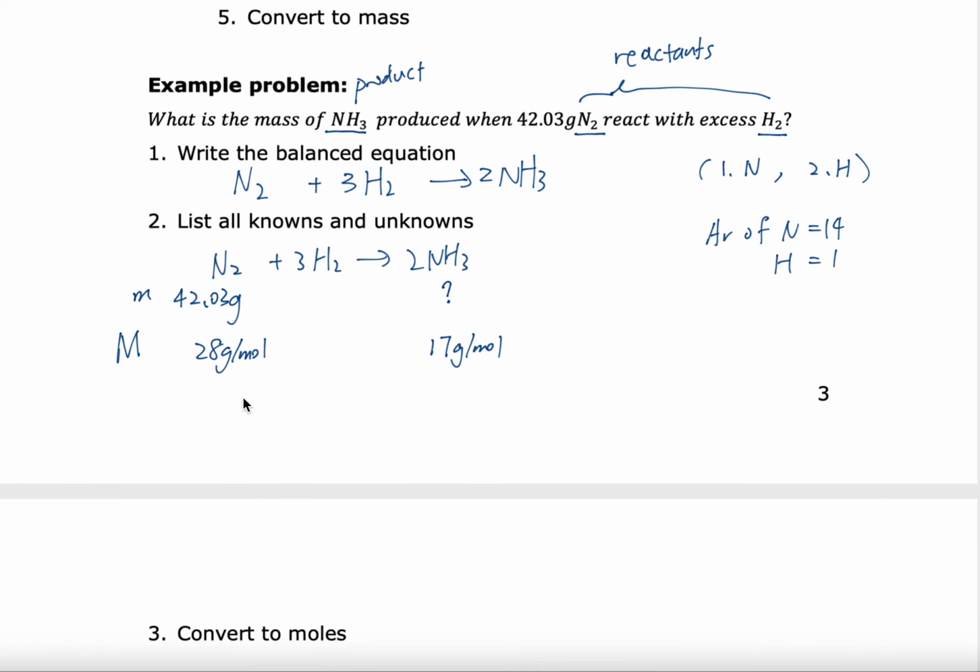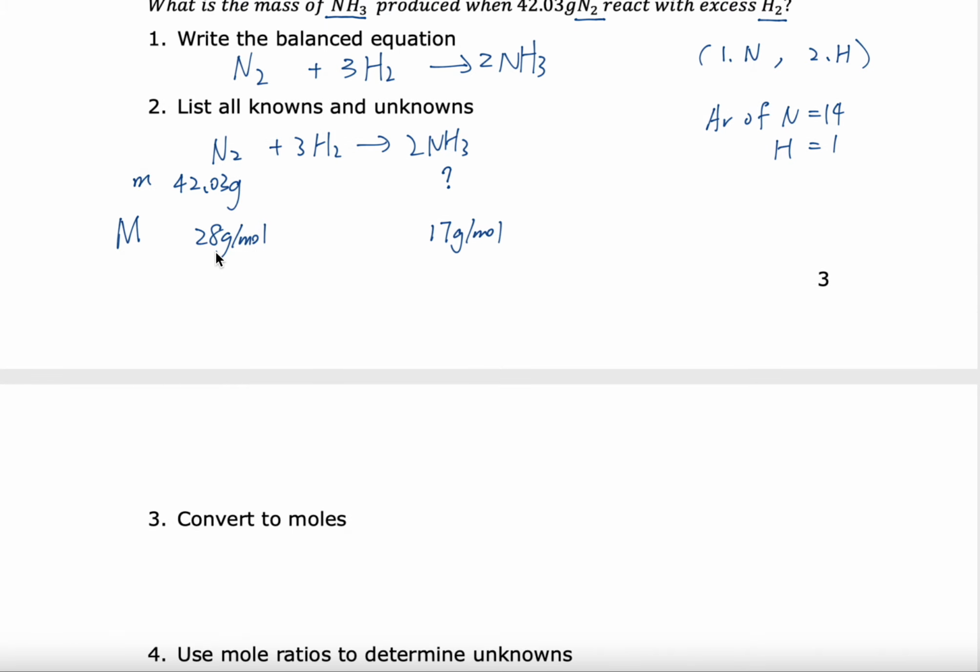So once I have listed my knowns and unknowns, you can convert into moles. Remember the key formula. I'm gonna put the key formula into a box. Our key formula is mass is equal to molar mass times the number of moles.